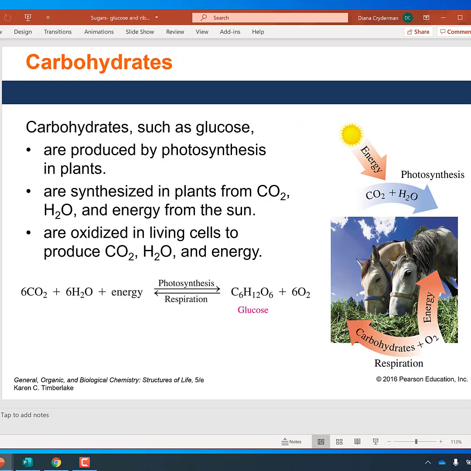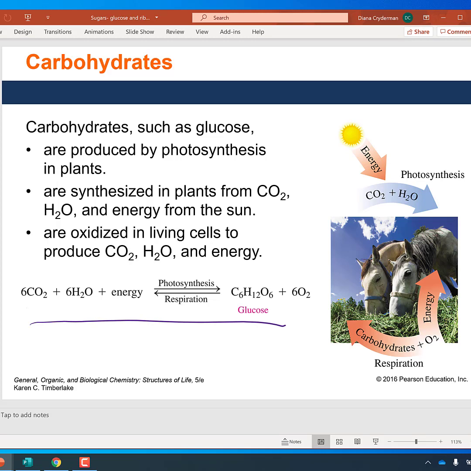Carbohydrates like glucose are produced by plants through photosynthesis, and they are made by plants from carbon dioxide and water with energy from the sun, and oxidized in living cells to produce carbon dioxide, water, and energy. And so you can see that reaction at the bottom of the screen here.